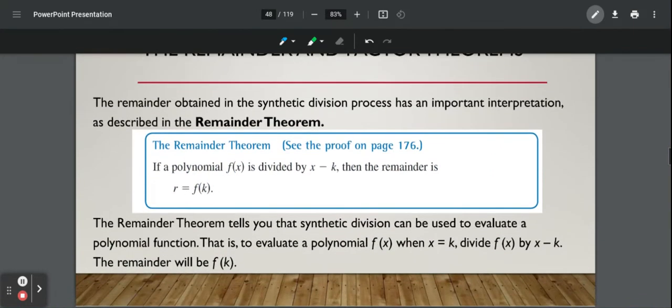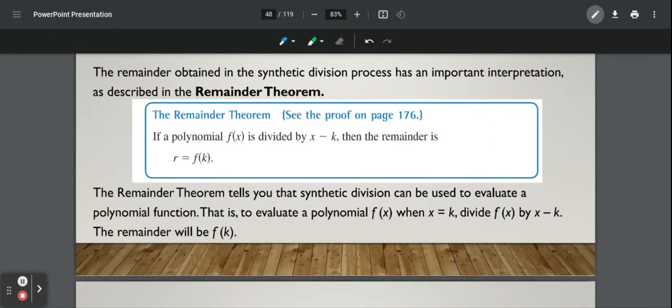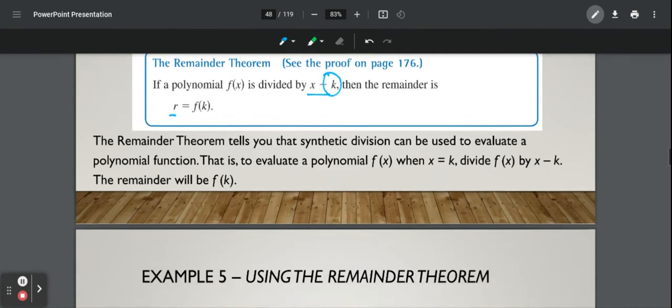So what the remainder theorem says is that if a polynomial is divided by x minus k, then the remainder is whatever value you get when you plug k into your function.